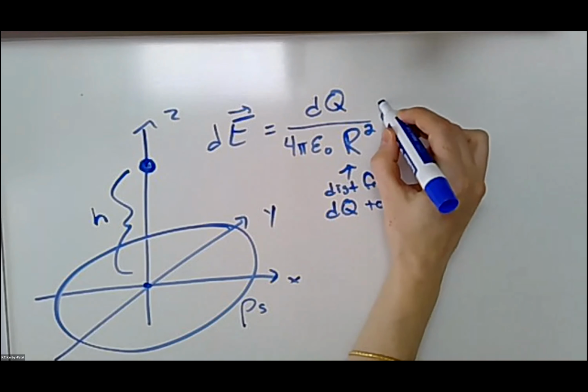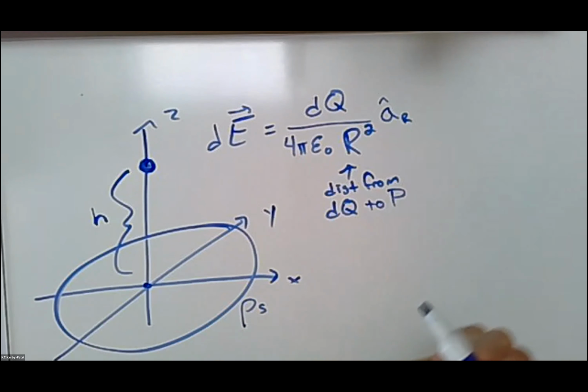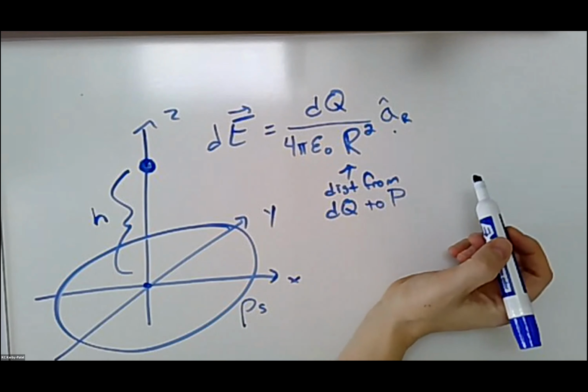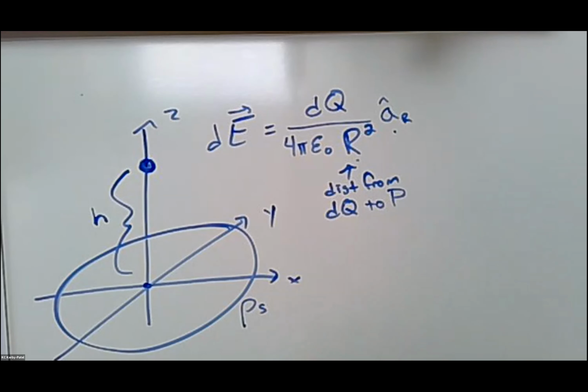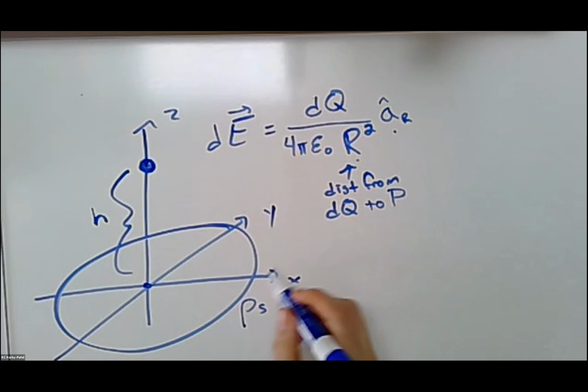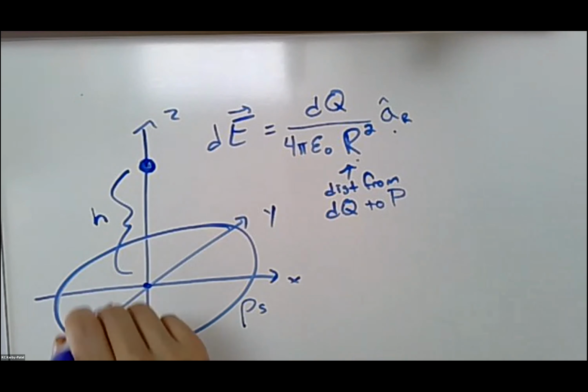And then I'm going to have an a hat R. So the direction of a hat R and the value of R are both going to change as I go through this integral and vary my variables. I'm going to be varying both rho and phi, because I'm probably going to do this in cylindrical coordinates. And I'm going to vary those over the surface of the disk.